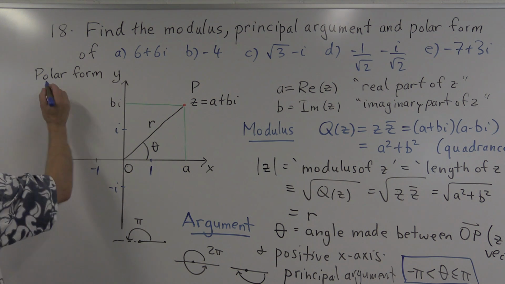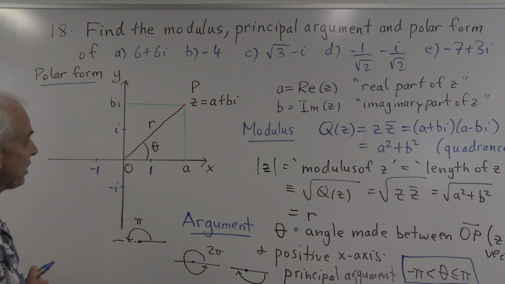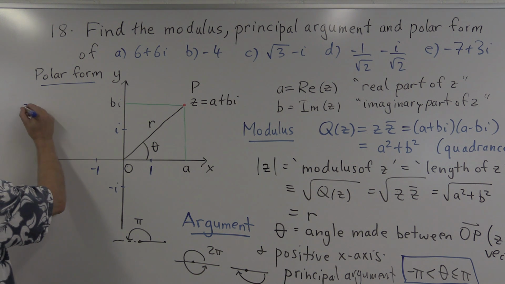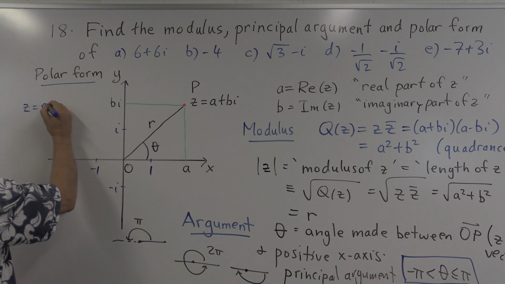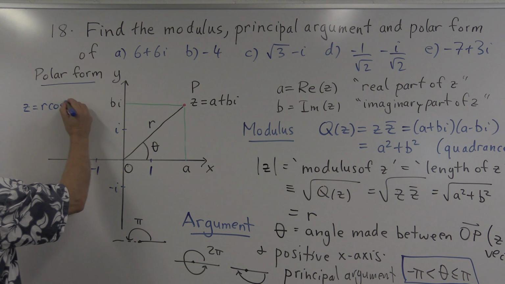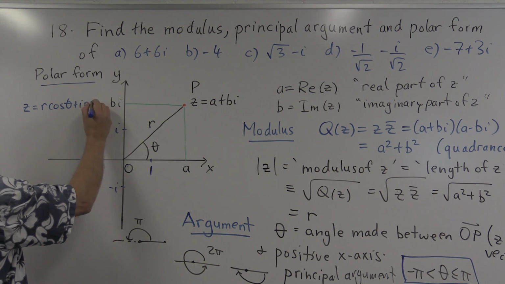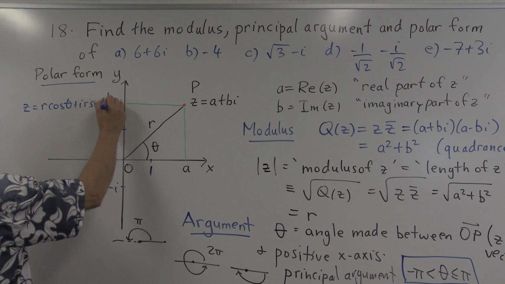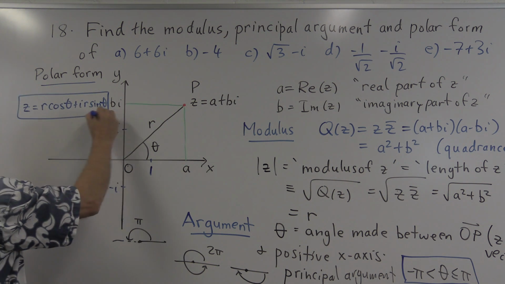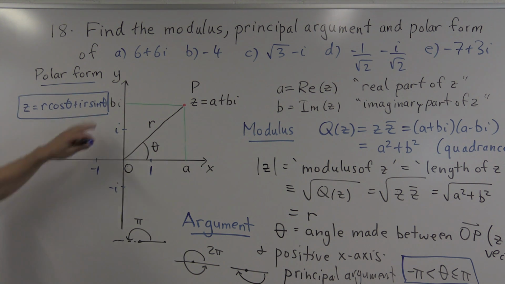in its more familiar fashion is that we write z as r cosine theta plus i r sine theta. So we're replacing the a and the b.